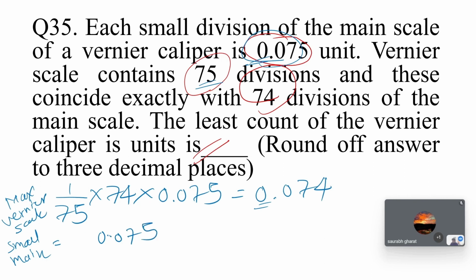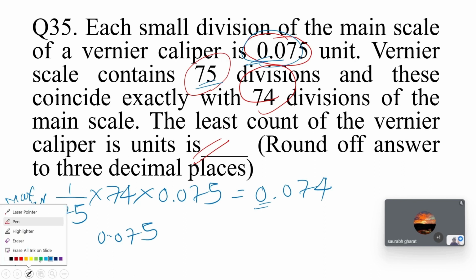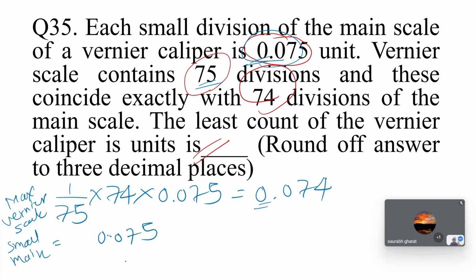So if we have to calculate the least count, what will we do here? Exactly like the previous part, your least count will be the minimum from your main scale minus the maximum from your vernier scale.